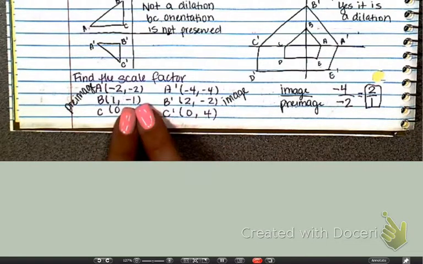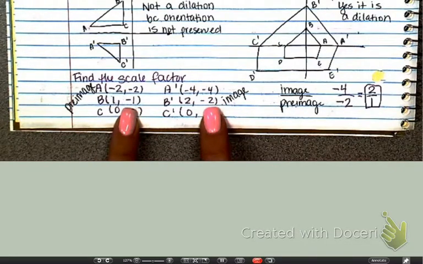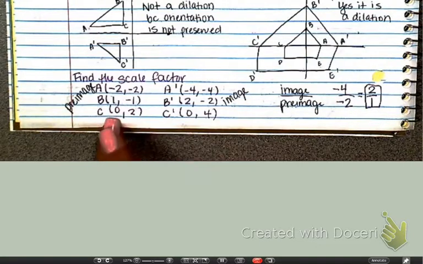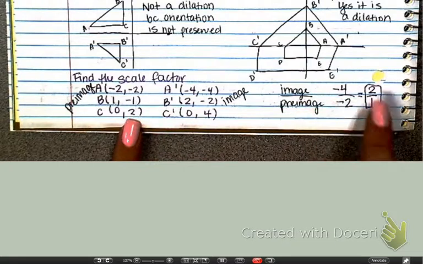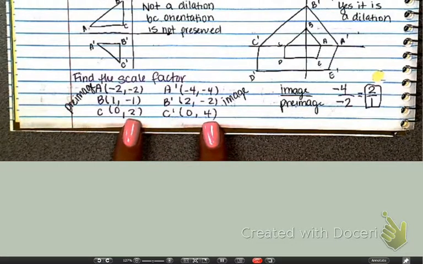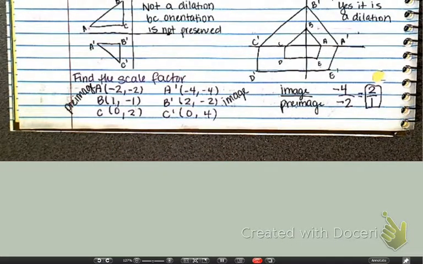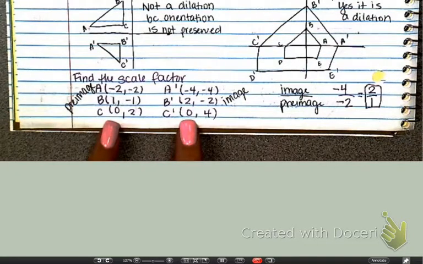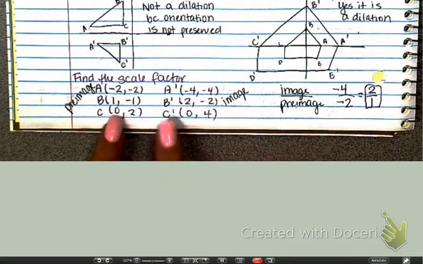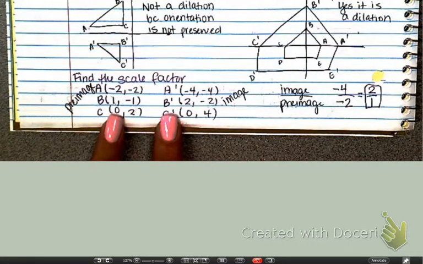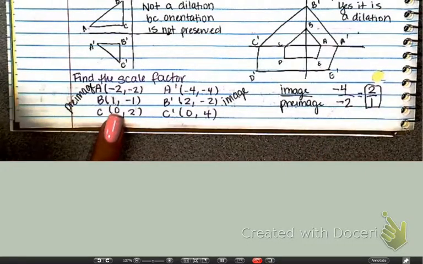What is -1 times 2? -2. What is 0 times 2? What is 2 times 2? 4. So I could have chosen any point and any coordinate, and it's going to work. The only one it doesn't work with is 0, just because 0 times 0 is 0. So if you see zeros, don't use it, but it will work for every other one. Don't actually use the zeros to find scale factor. Do you see what we did there? Yeah? Kind of?